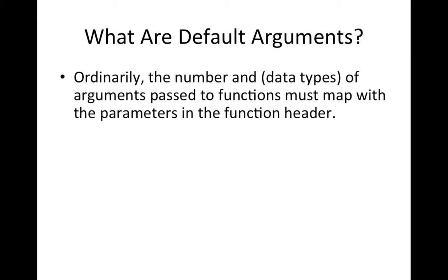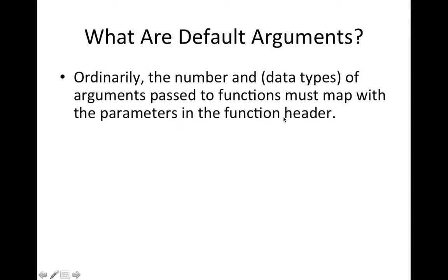So question is, what are the default arguments to the functions? Well, ordinarily, the number of arguments and data type of arguments passed to the function must map with the parameters in the function header.